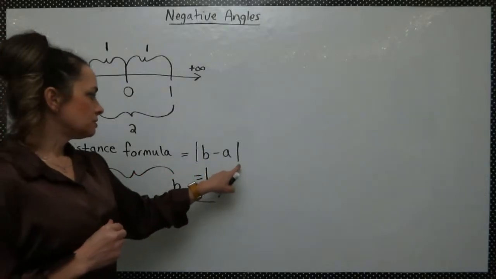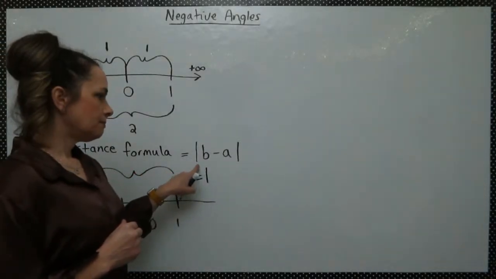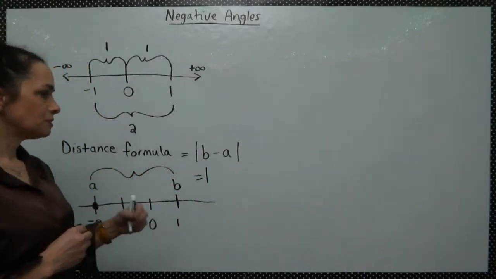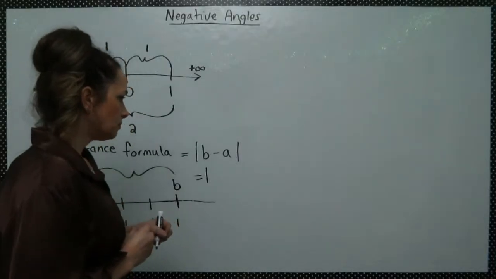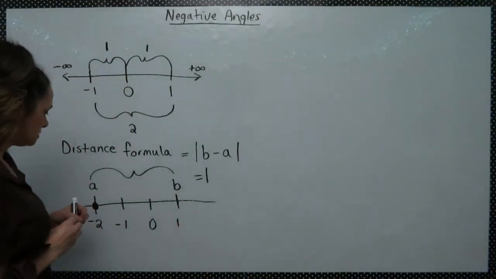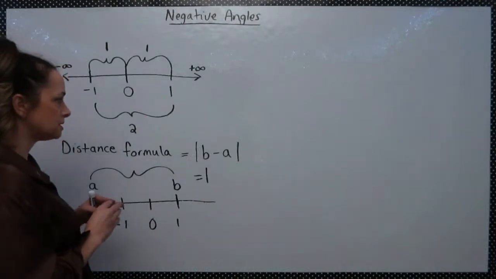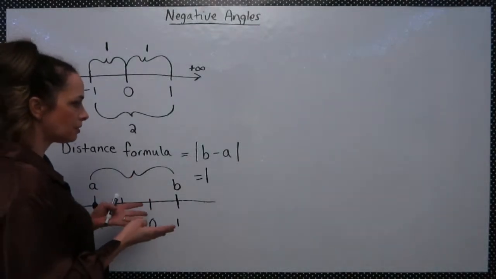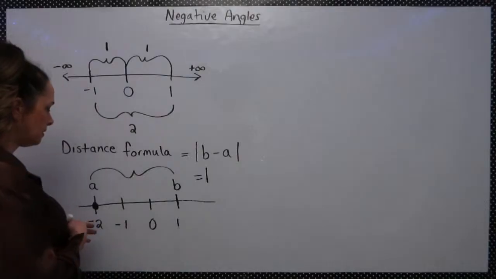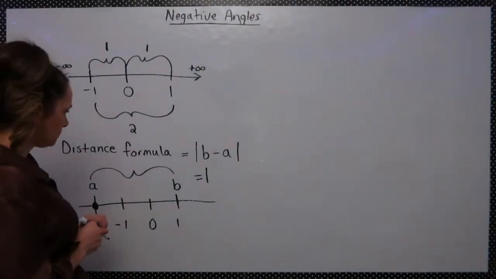That's what these bars signify in math, the notation for absolute value. And what absolute value is, it's the magnitude of the number. It's the size, the amount of the number separated from the negative, okay?